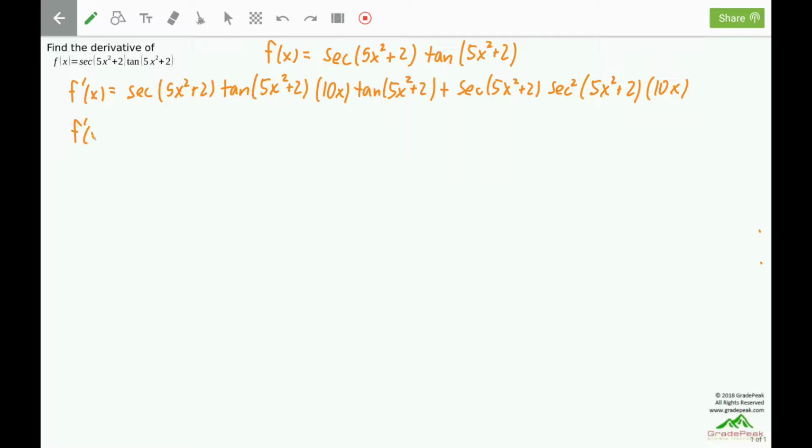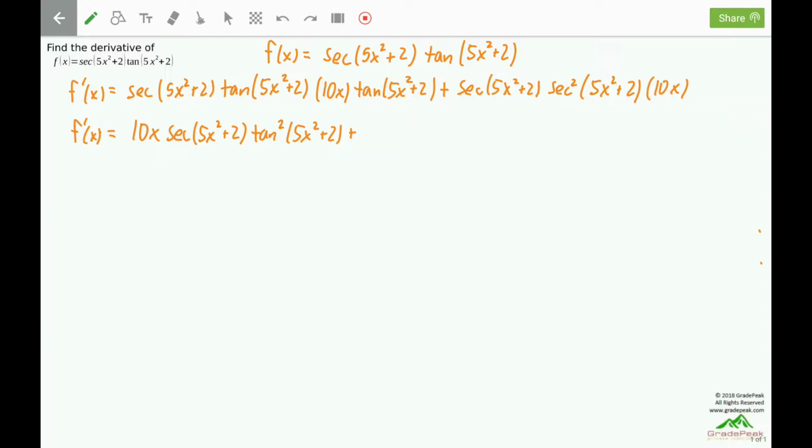So our derivative f prime of x will be, the first thing I'm going to do is move the 10x to the front of this first term, so I will have a 10x. I have a single secant, but I have 2 tangents, so it'll be a secant and then a tangent squared. Secant of 5x squared plus 2, and tangent squared of 5x squared plus 2.